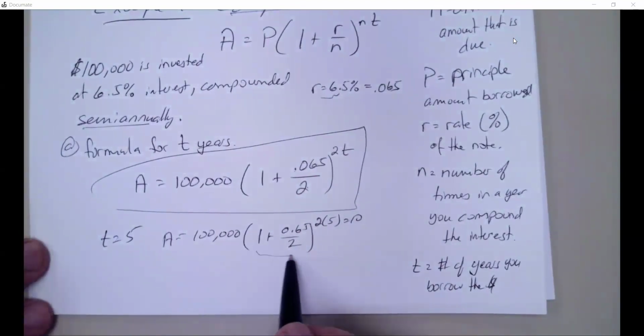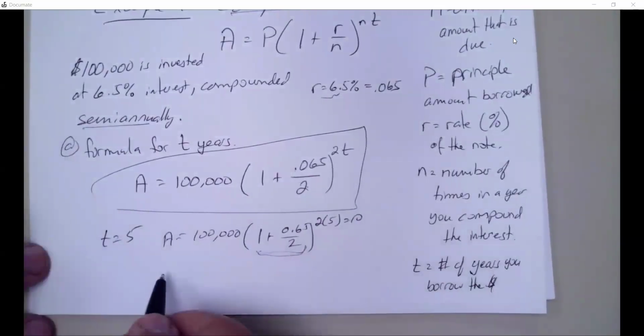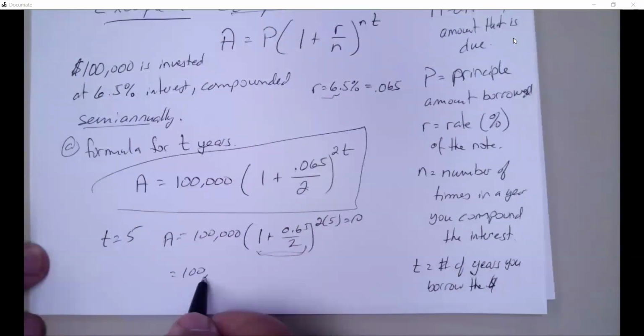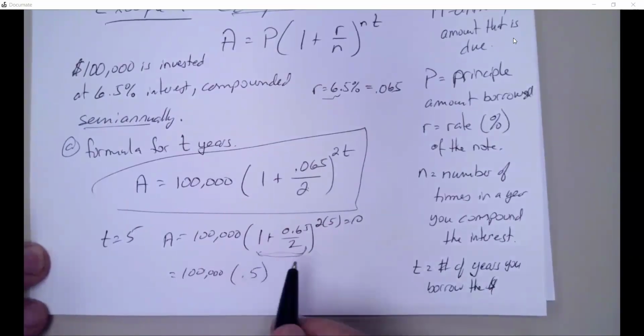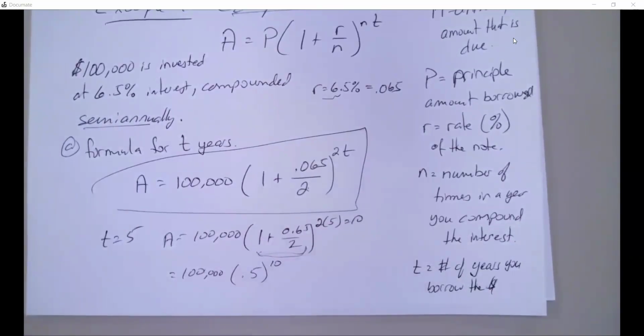So you first do inside the parentheses. Let's say, for simplicity, it equals 0.5 to the power 10. You do this next.